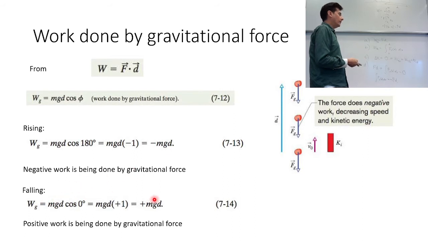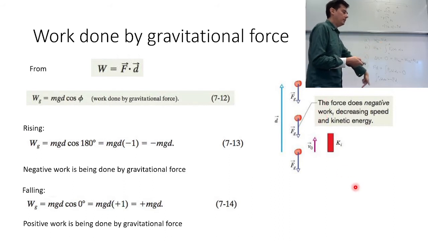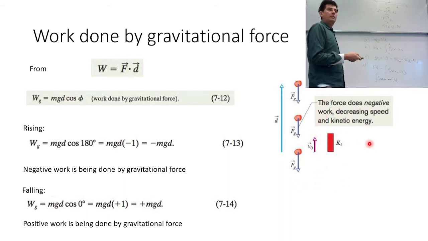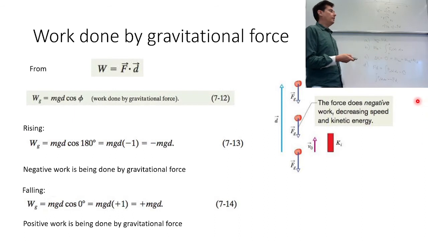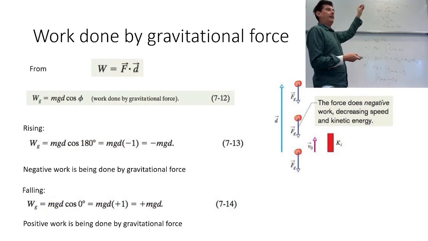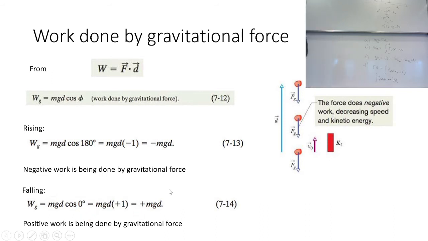Now, when it's on the downward leg, the force and the displacement are in the same direction. It becomes a positive quantity. Of course, falling things speed up, so the kinetic energy bank account will now increase, right? So positive work is done by the gravitational force in this case.